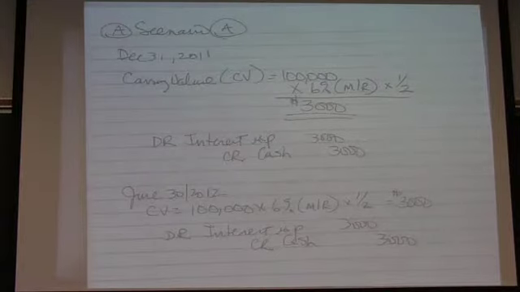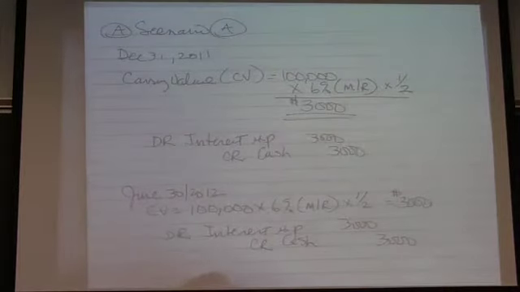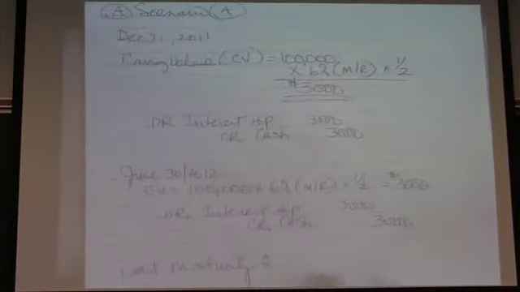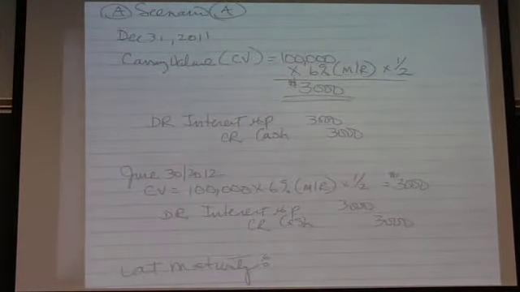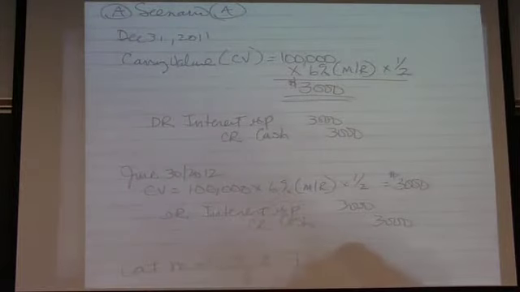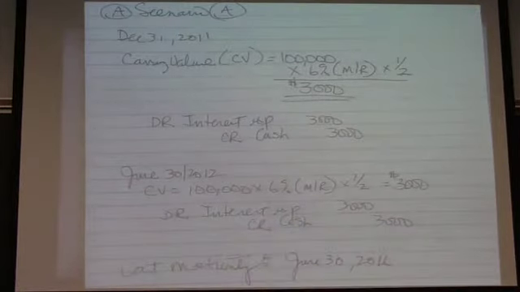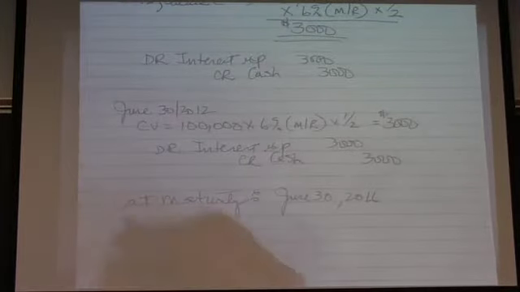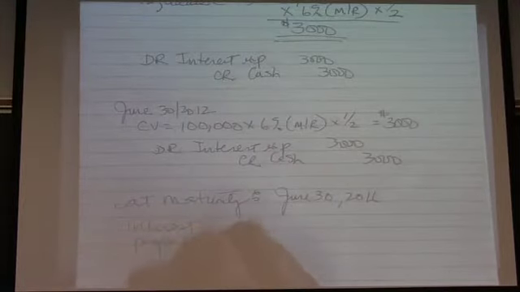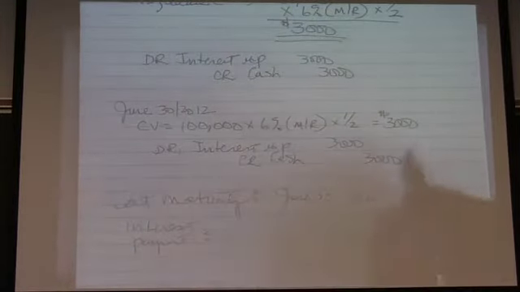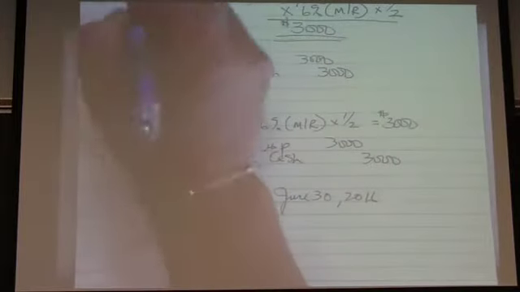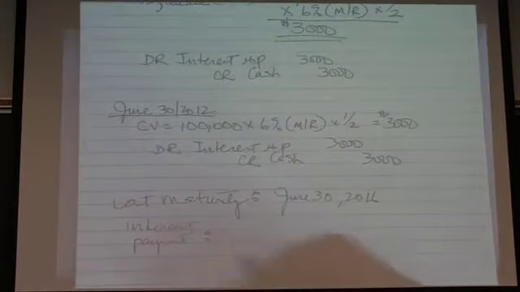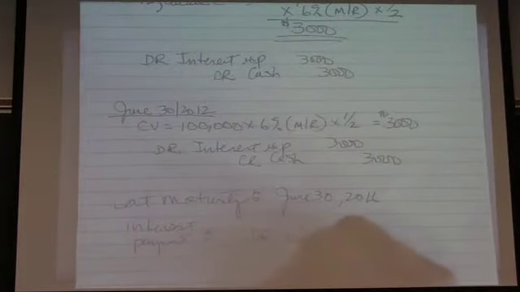And of course, at maturity, and the maturity date in this example happens to be June 30th, 2016, we have 2 sets of entries. The first set is the interest payment, right? And we know that that interest payment is the same as any other payment that was made. So we're going to record that as debit interest expense, credit cash.